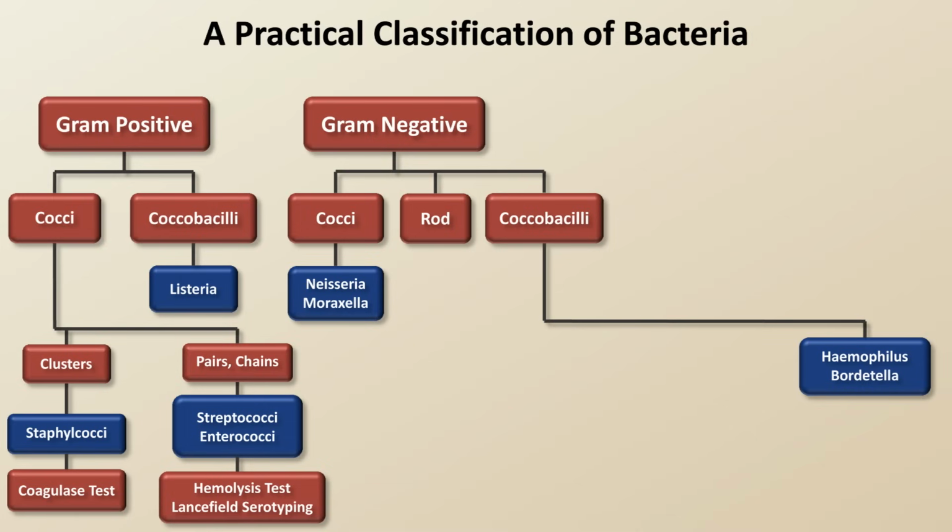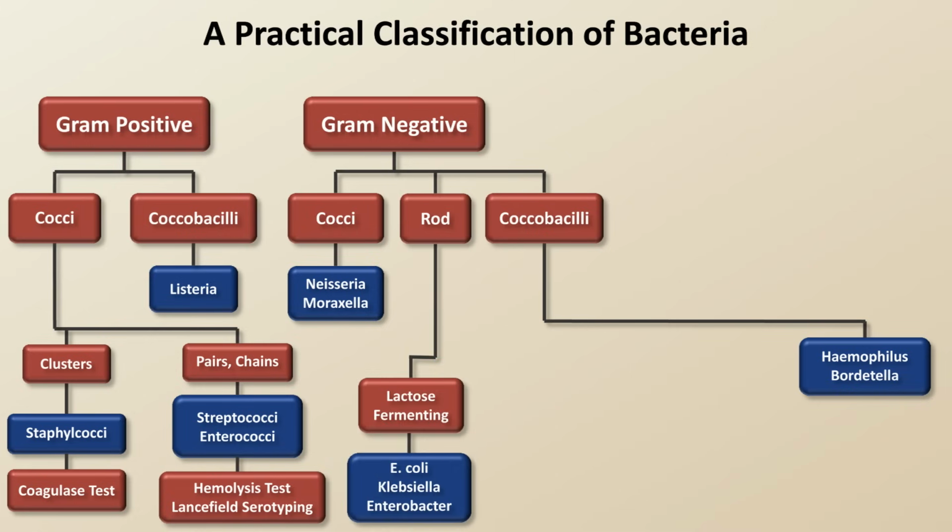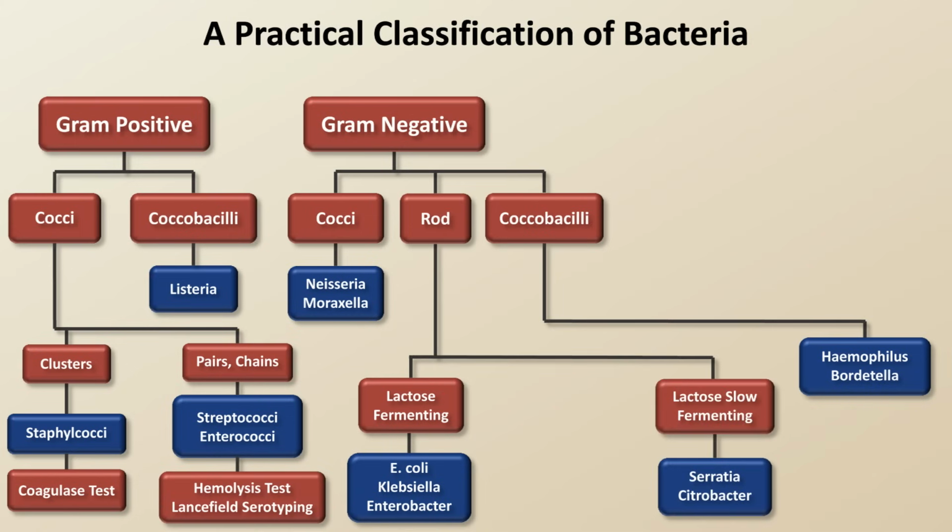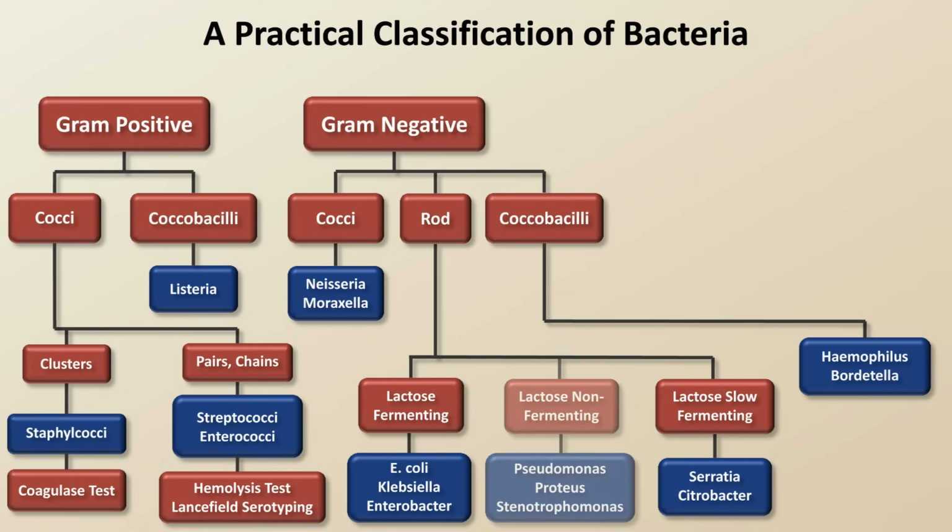Gram-negative rods should be tested for the ability to ferment lactose. Lactose fermenting bacteria include E. coli, Klebsiella, and Enterobacter. Slow fermenters include Serratia and Citrobacter. Lactose non-fermenters include all other gram-negative rods, such as Pseudomonas, Proteus, and Stenotrophomonas.